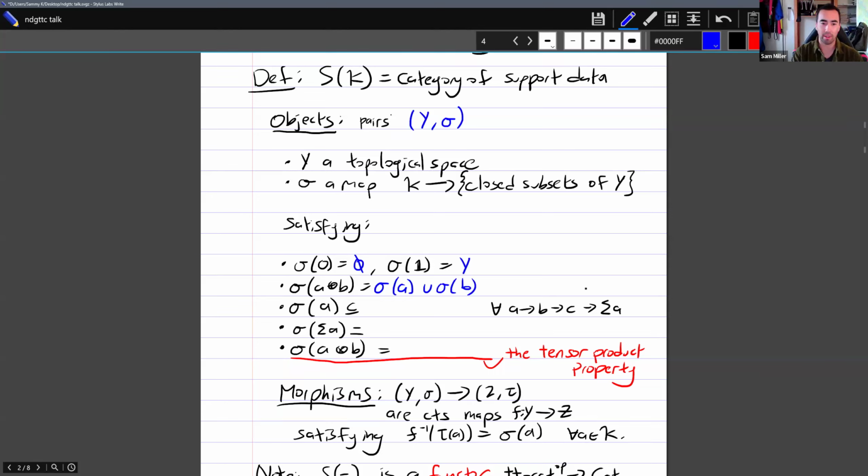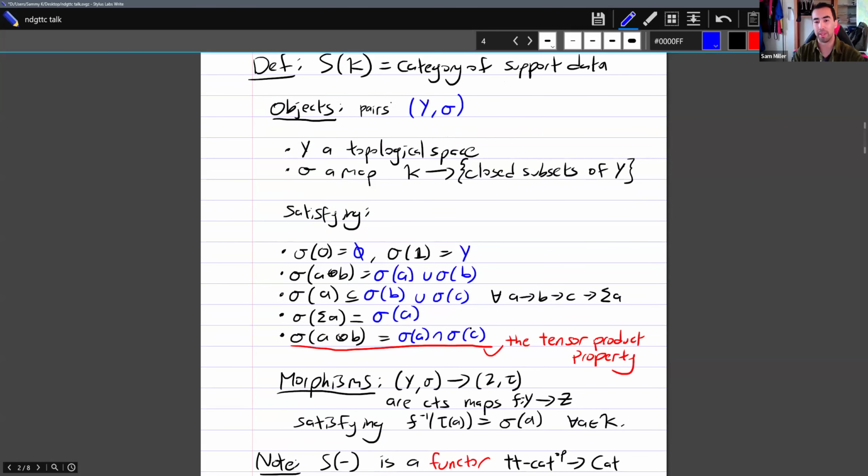Given any exact triangle, we have that the support of A is contained in the support of B union the support of C. Shifts don't do anything. And finally, the tensor product of A and B corresponds to taking intersections.